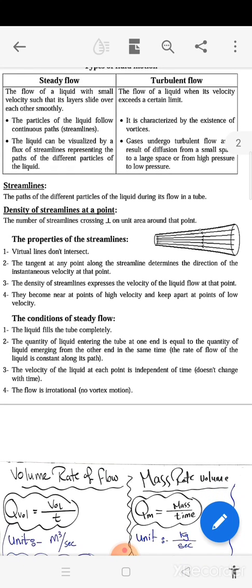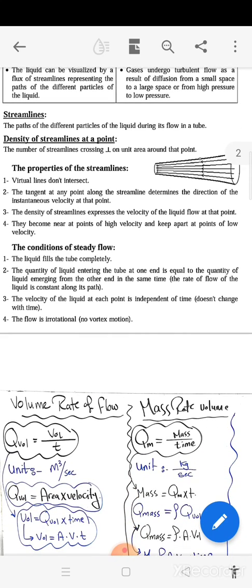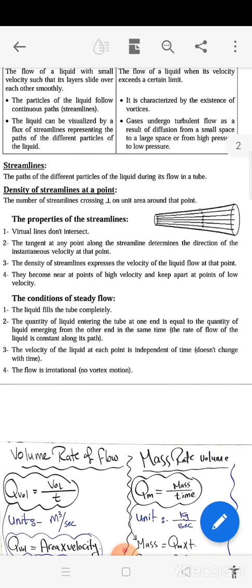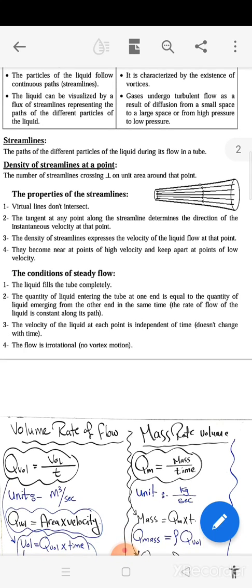The density of the streamlines at a point is measured across the area of the water flow. If there are a lot of lines in a small area, it's high density. If there is a small number of lines in a large area, it's low density. Streamlines are virtual, don't intersect, are parallel, and are tangent to the walls.